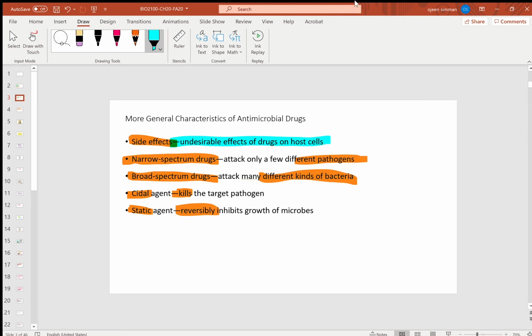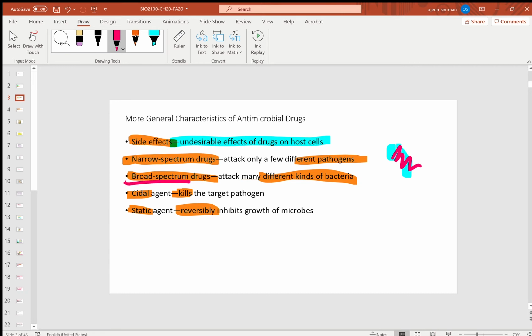Narrow spectrum antibiotics are the types of antibiotics that target a narrow range of pathogens. For example, they will only target gram-negatives.